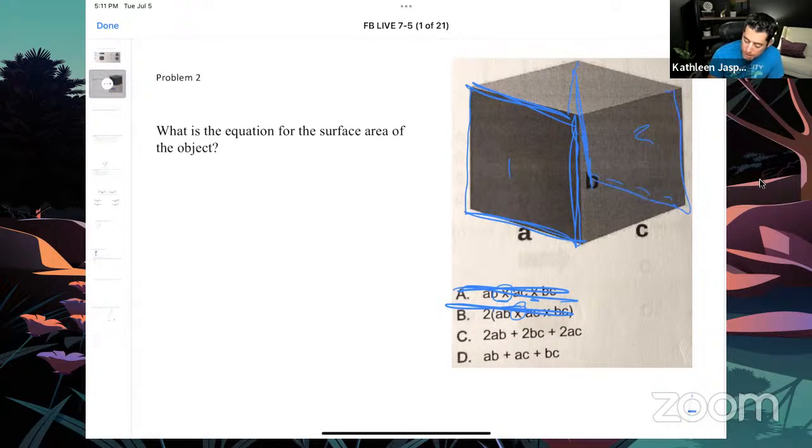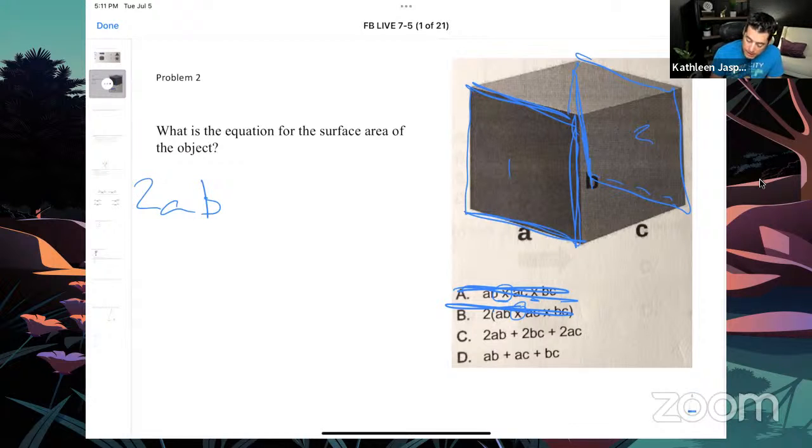You see how there's 2 sides. So how many pairs of sides are there? If 2 sides are always the same and there's 6 sides total, there's going to be 3 pairs of sides. So A times B is 1, but then when we multiply it by 2, we get that.